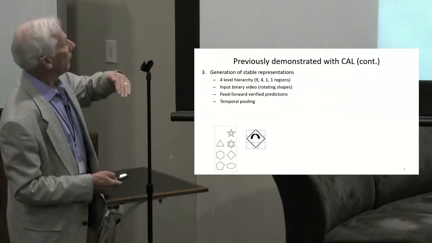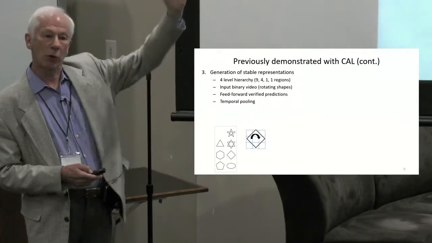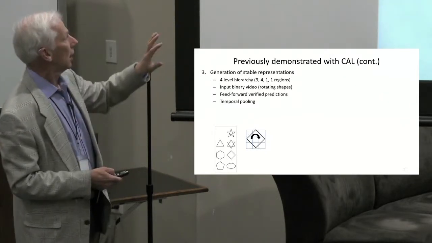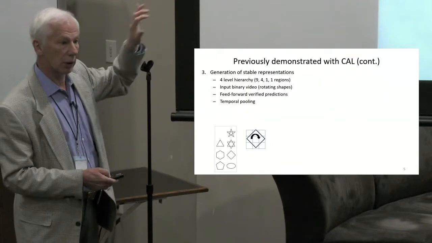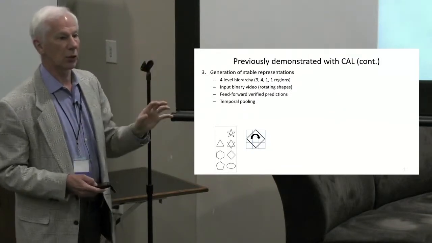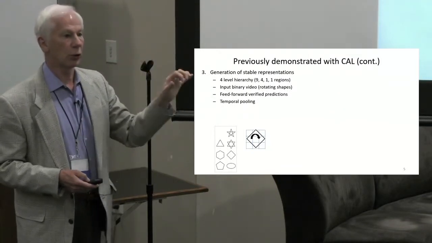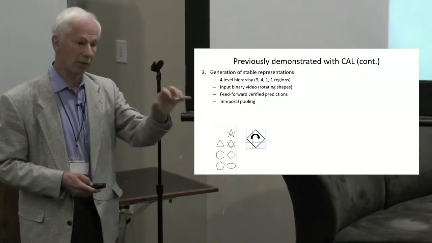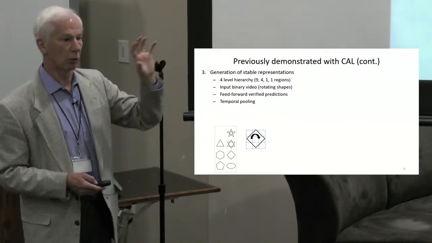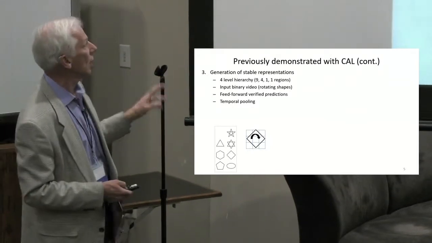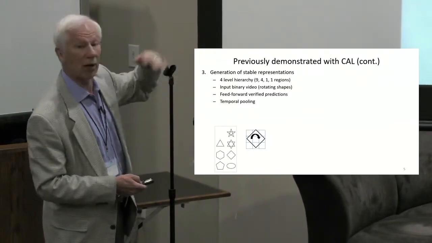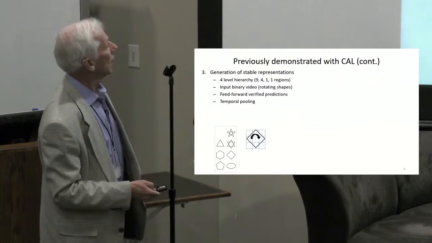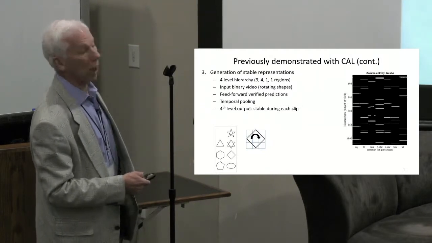The verified predictions are fed forward up the hierarchy where they're temporally pooled. And for us, temporal pooling means that there's a union of a successive sequence of feed forward, so successive verifications, and 2 or 3 are enough to generate this stable output.